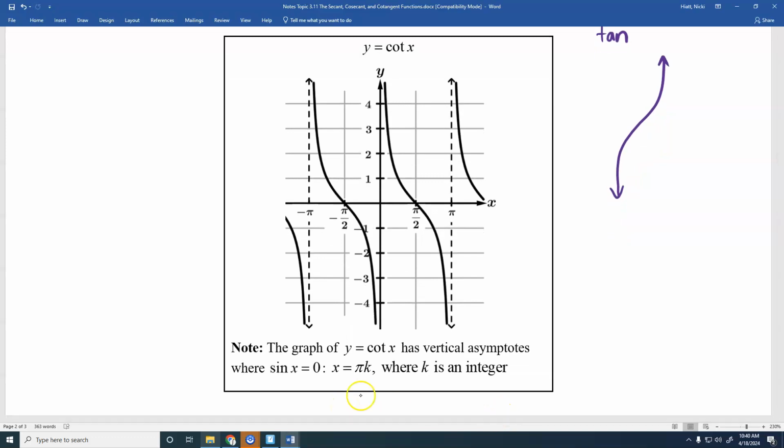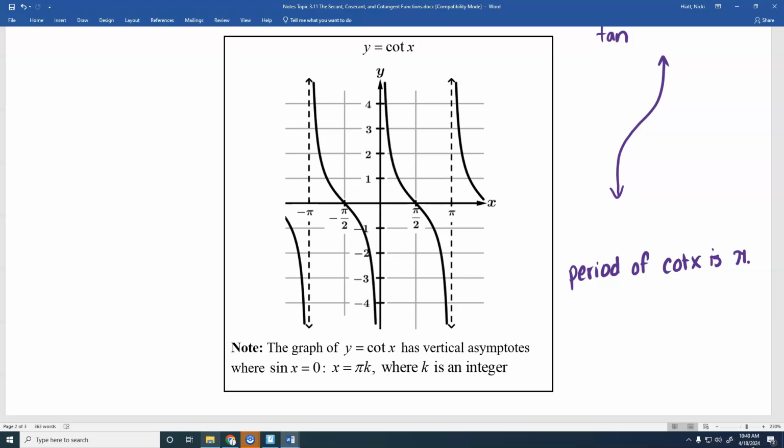The period for cotangent is just pi. Period for tangent is pi. Period for cotangent is just pi.